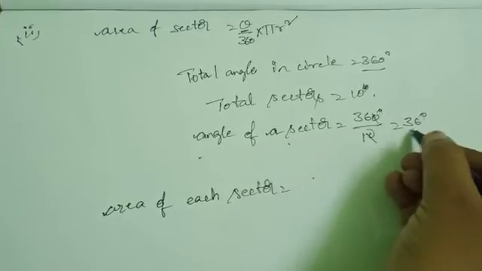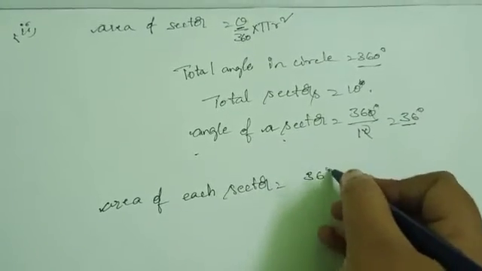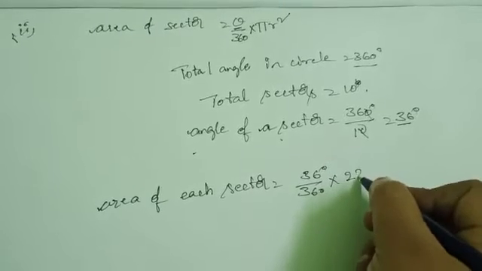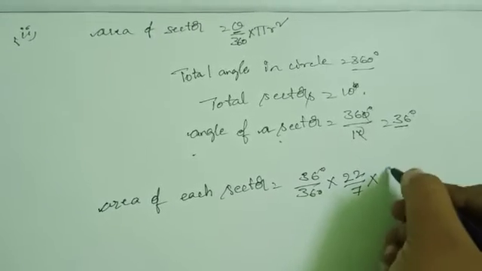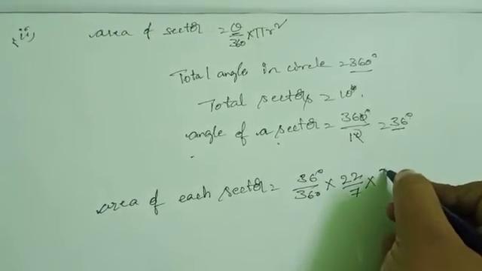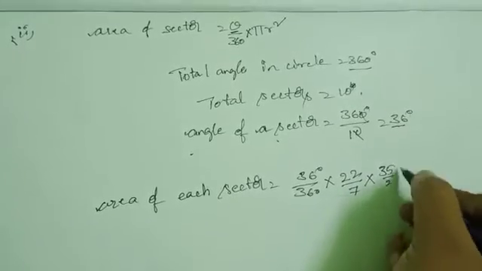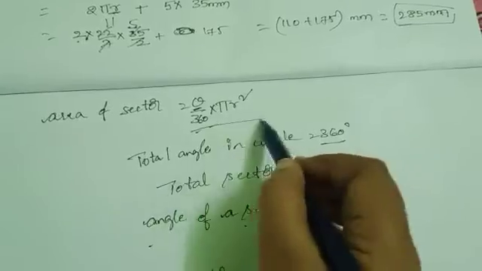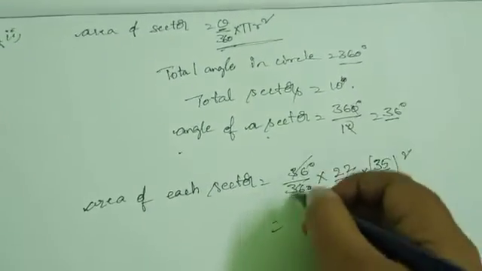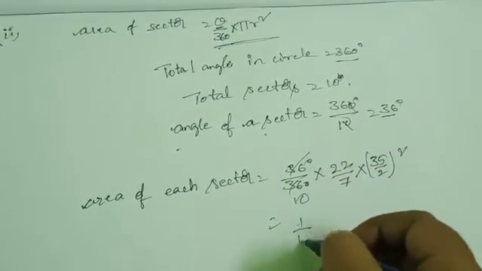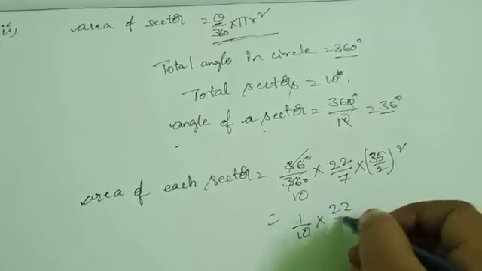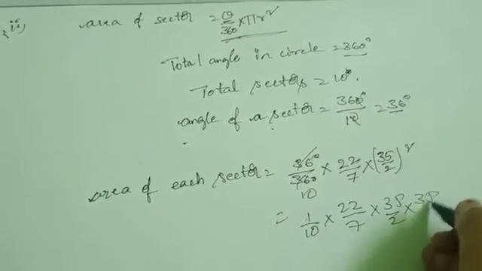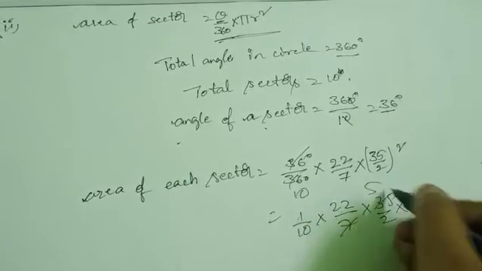Theta by 360, theta value 36 degrees by 360, into pi value 22 by 7, into r square. Here r is 35 by 2 whole square. Theta by 360 into pi r square is 1 by 10 into 22 by 7 into 35 by 2 into 35 by 2. 7 5s are 35, 2 11s are 22.